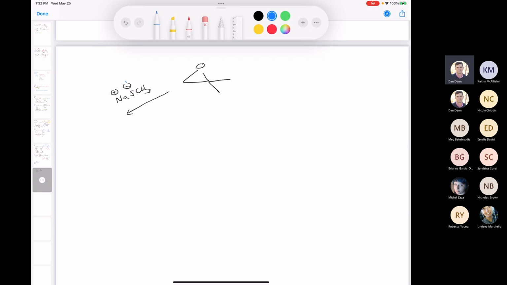The thiolate is going to attack at the least hindered carbon. And then that would give you, after workup, of course, so you have to do another step, the aqueous workup, this compound where you have the hydroxyl here, the gem dimethyl, and then you formed a sulfide like that.